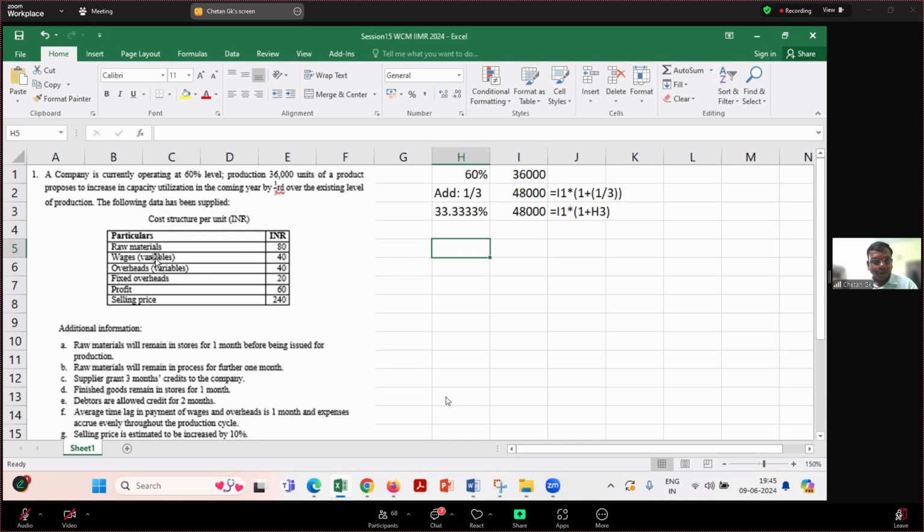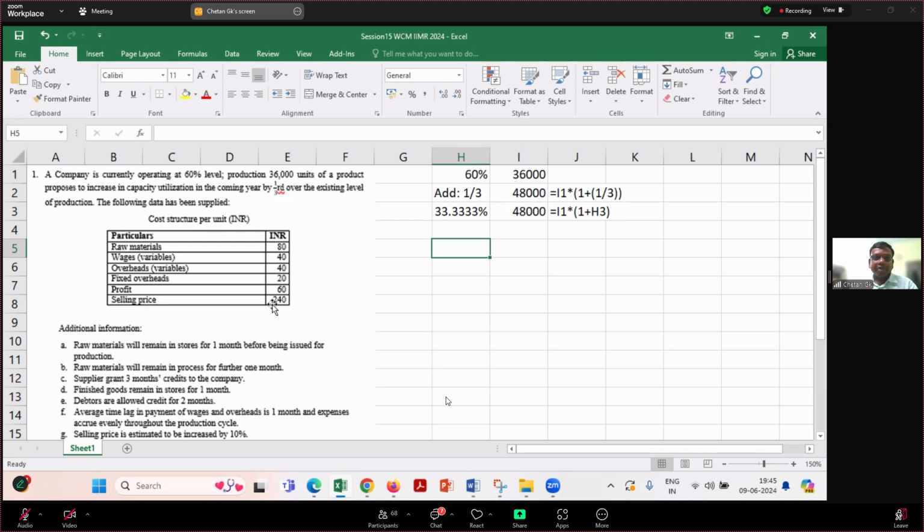Wages, which are variable in nature, will cost 40 rupees per unit. Overheads, which are also variable in nature, will cost 40 rupees per unit. Fixed overheads will cost 20 rupees per unit. Profit at this particular level is 60 rupees.